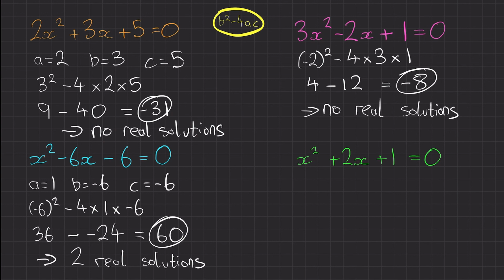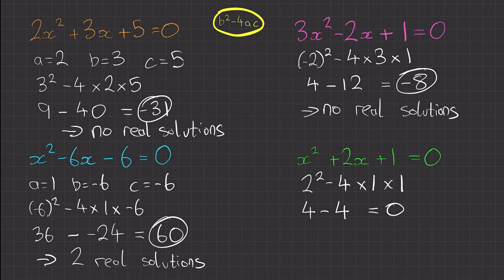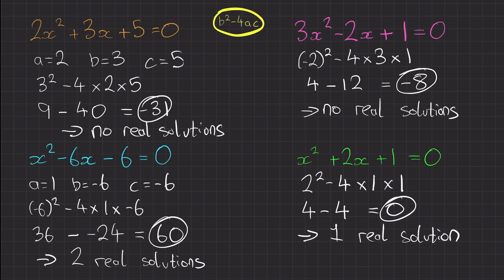Finally, the green question. Enter this into our discriminant. So we've got b squared minus 4 times a times c. So we're left with 4 take away 4, which equals 0. And seeing as our discriminant equals 0, that must mean we have 1 real solution. And there are the answers for all 4.